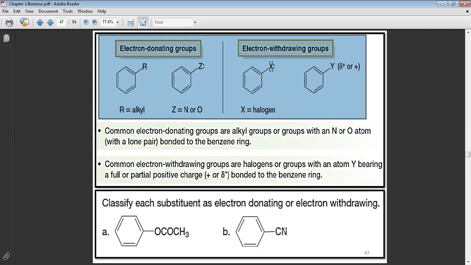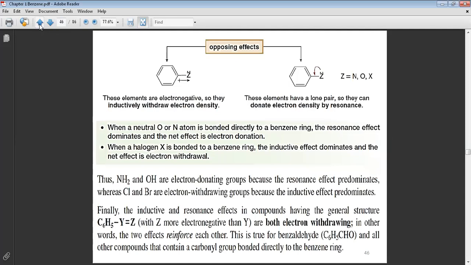Yes, like this. Benzene with carbon and nitrogen. This nitrogen is partially negative, and this carbon is partially positive. Is it 1, 2, 3 or 4? 4. Donating or withdrawing? Withdrawing. By which effect? Inductive and resonance, both. Inductive is withdrawing and resonance is withdrawing. Okay? Here, look, they are both electron withdrawing.